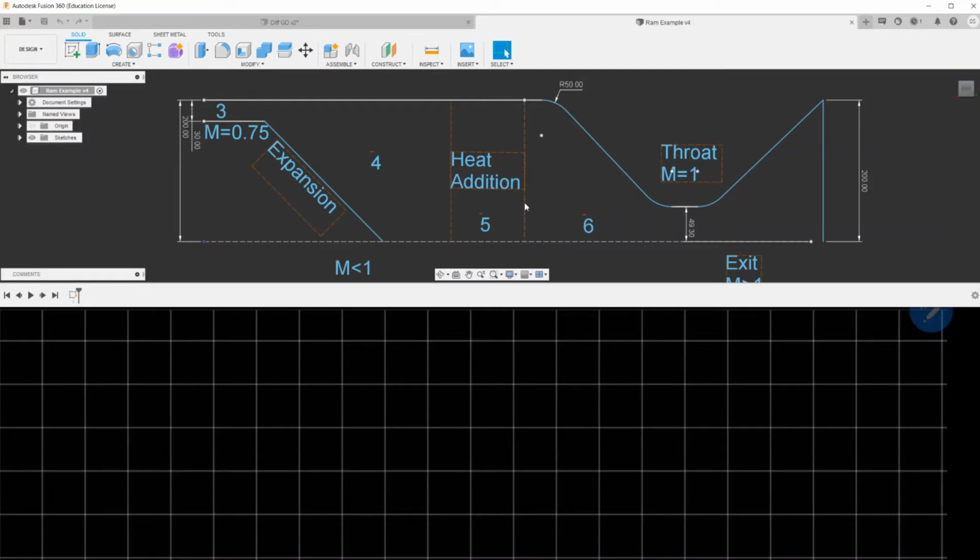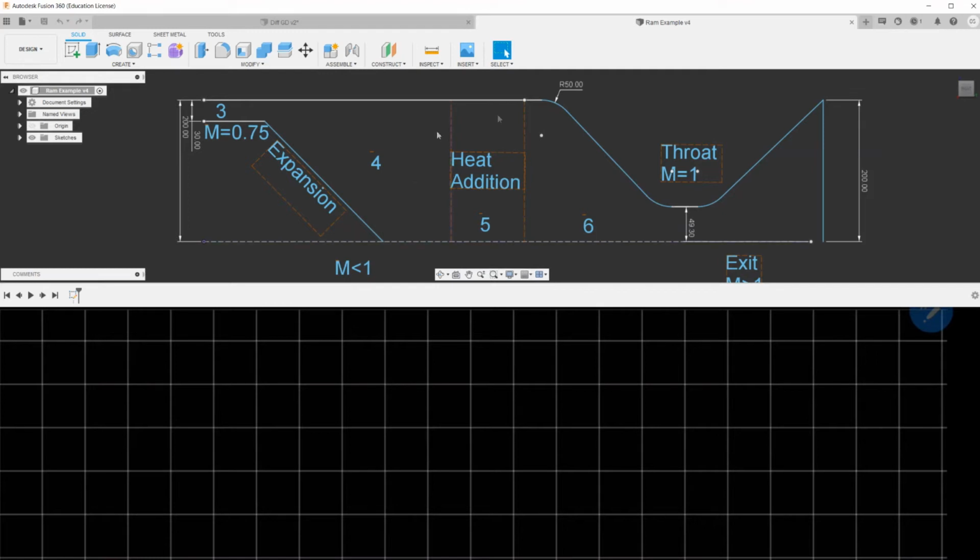Let's call this region with heat addition a combustion chamber. When the pressure is big enough with respect to ambient pressure, we have a pressure difference that decelerates the flow. So subsonic flow or flow with Mach 1 in the smallest cross section will not be capable to accelerate anymore because there is a back pressure that decelerates this flow. So flow reduces the velocity, Mach number, right? And due to the heat addition, it's accelerating a bit, but not so much.